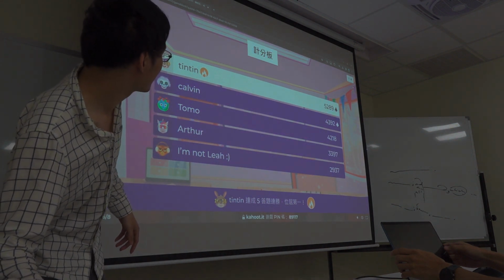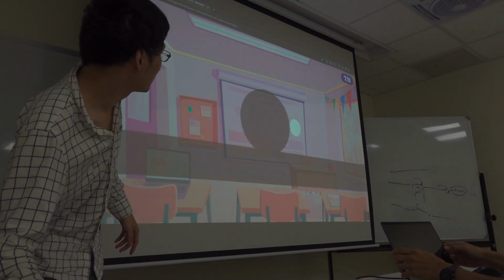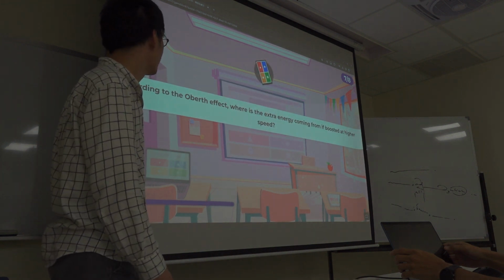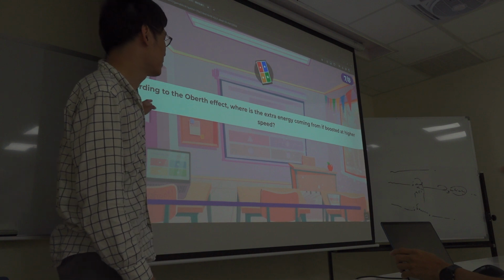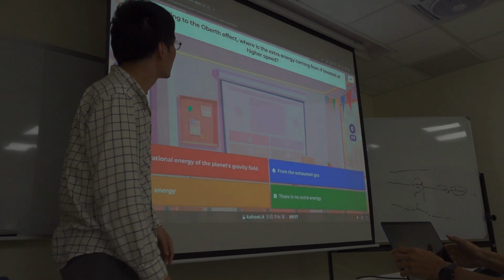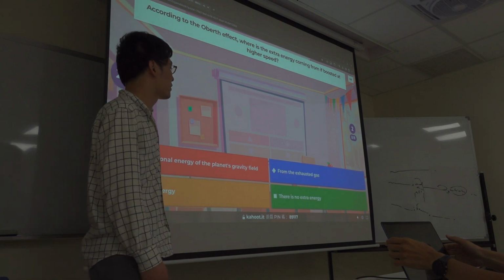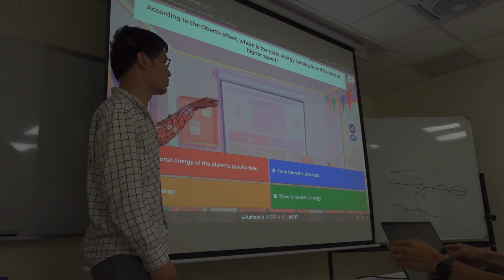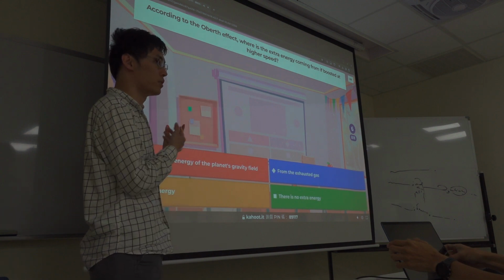Now this one is a similar question, about the Oberth effect. The next one I talked about is what the actual boost is. So you get higher. Like I said, if you boost at a higher velocity, you get more efficient, which means you get more energy when burning your fuel.